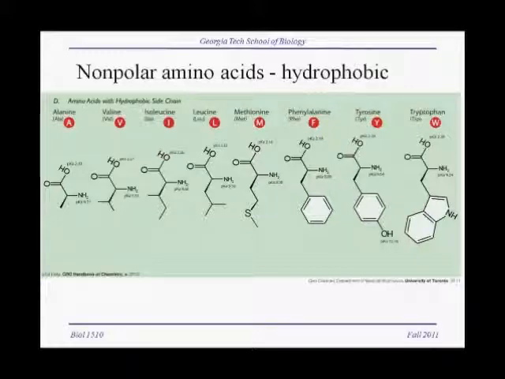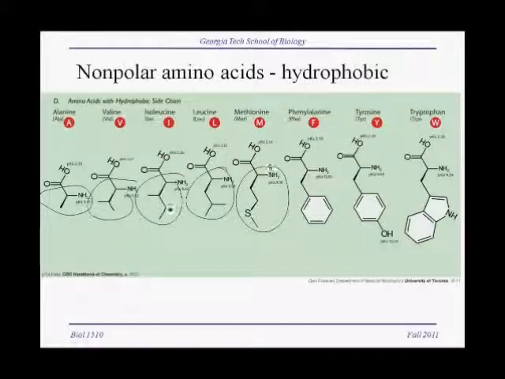So we have a hydrophobic group of amino acids, which means that their side chains are all hydrophobic molecules. You'll notice that they all have carbons and hydrogens, an occasional sulfur, but sulfur has virtually the same electronegativity as carbon.